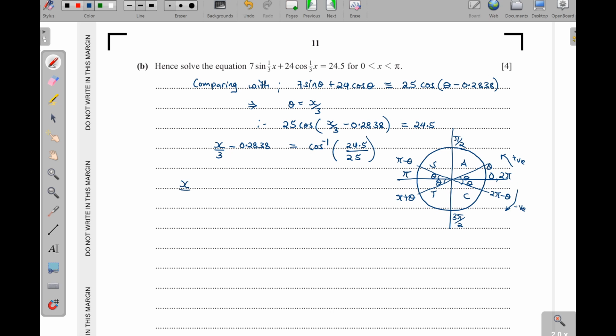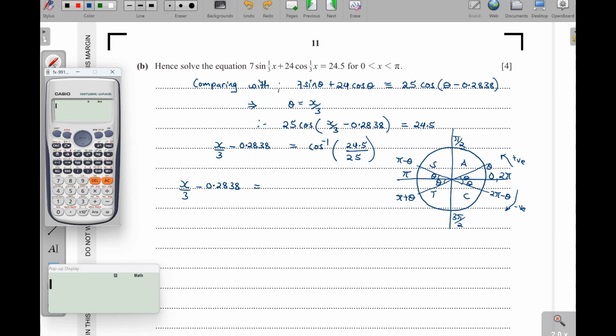Now, from here, 0.2838. Now, when you see this, what we are going to get from here, when we are getting x, we shall add on this, because we shall take it that side, and then we shall multiply by 3. Okay? So what is the arc cos here?